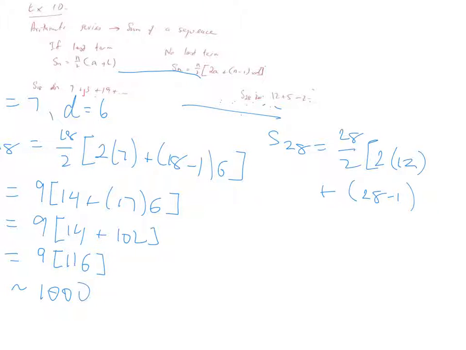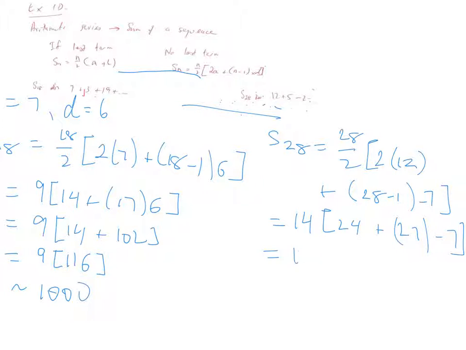Going from 12 to 5 to negative 2, our common difference is negative 7. And now our next line, we simplify this, so 28 over 2 is 14. I'll write that clearer. 14, and then 2 by 12 is 24, plus 27, because 28 minus 1 is 27, multiplied by negative 7.